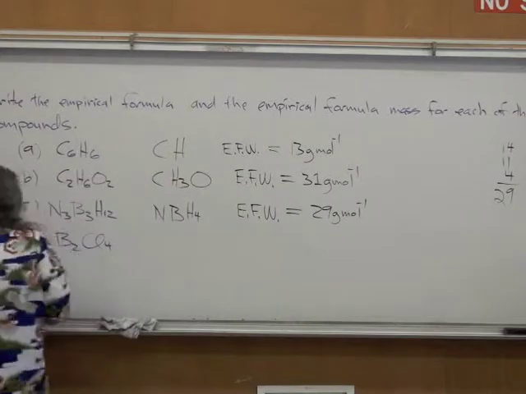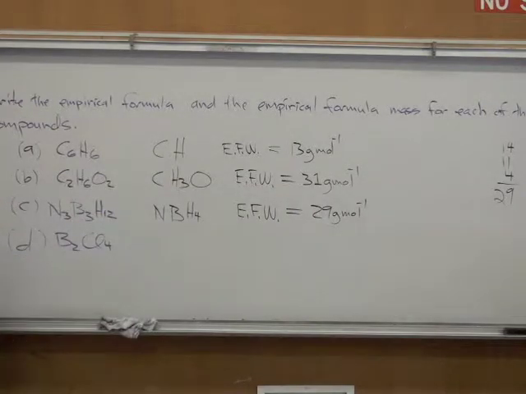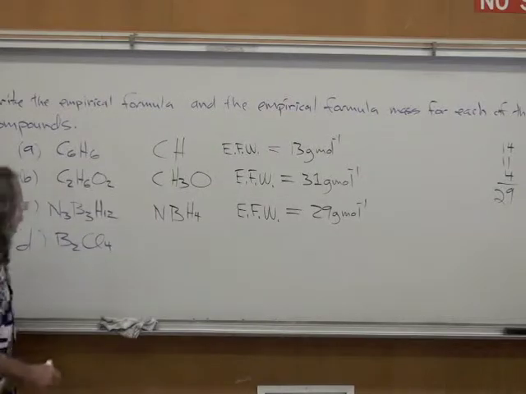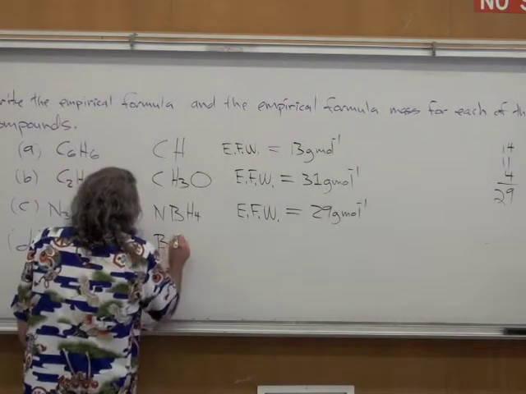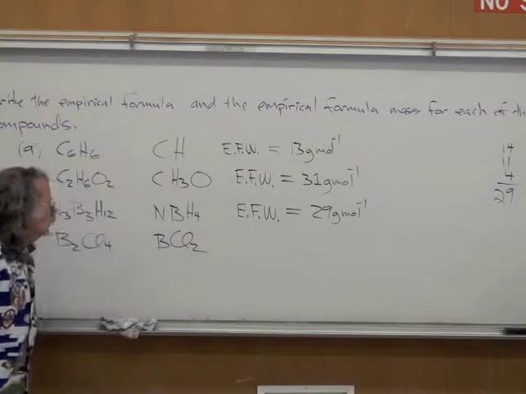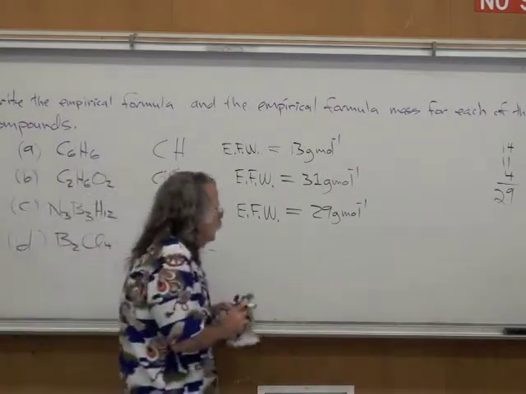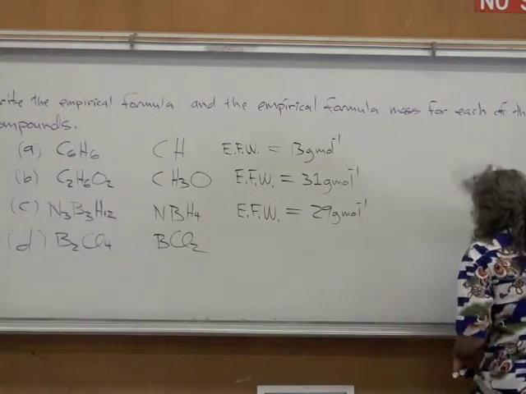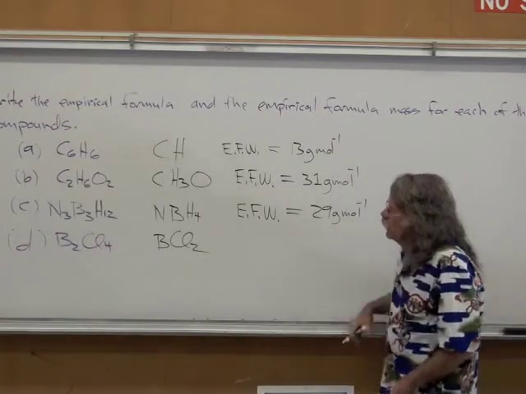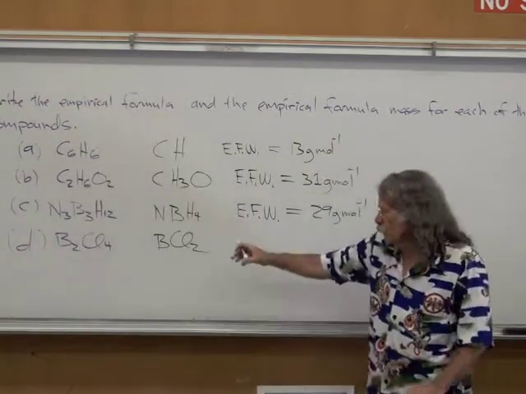And the last one, what's the lowest common denominator? 2. Say it like Lewis Black. 2. Okay, so divide both by 2. And we get, okay, here, I'm using simplified numbers. Okay, chlorine 35 grams per mole.